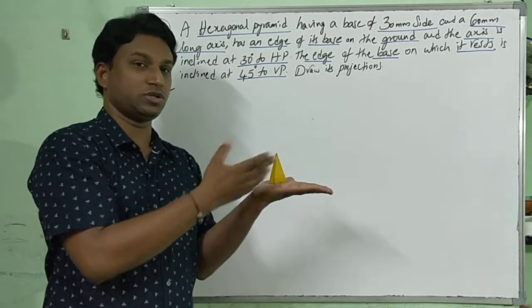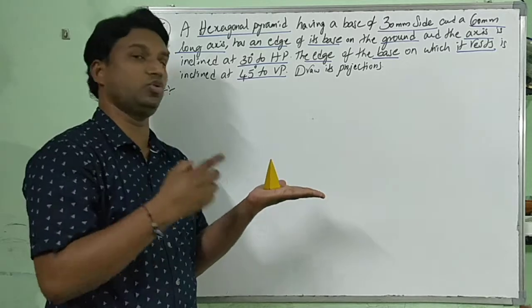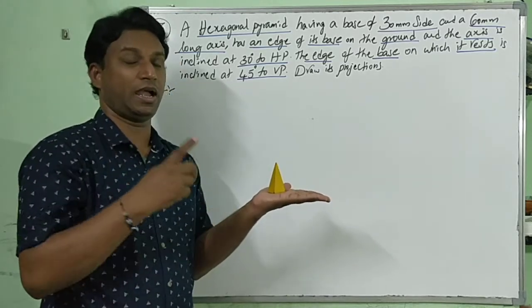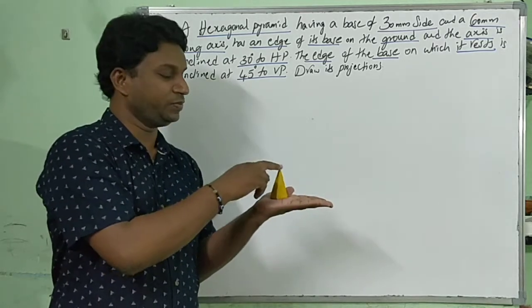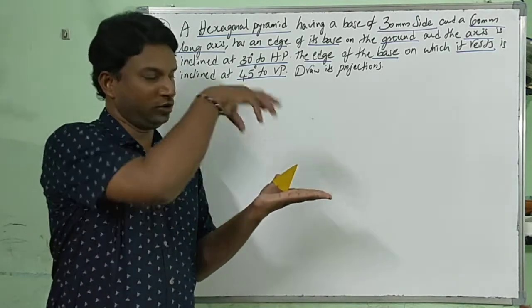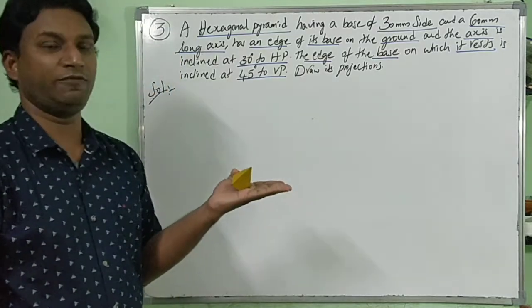After that you get the object into a particular position such that you are able to draw the true shape of the base and project its front view, and then the second stage is rotating the top view, and that top view is successively rotated to get our final front view.